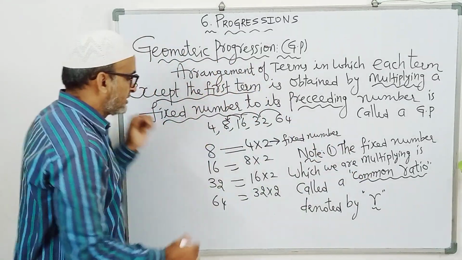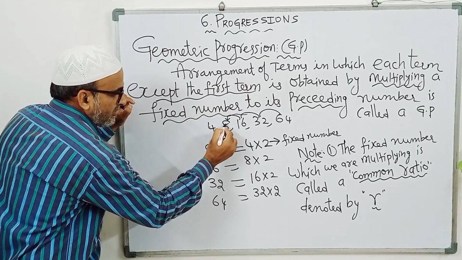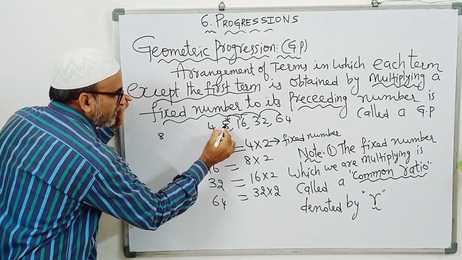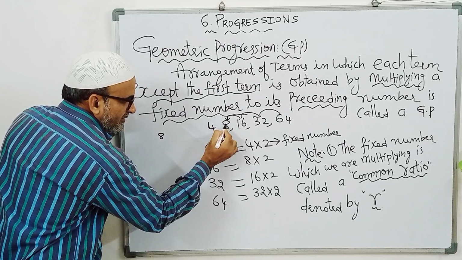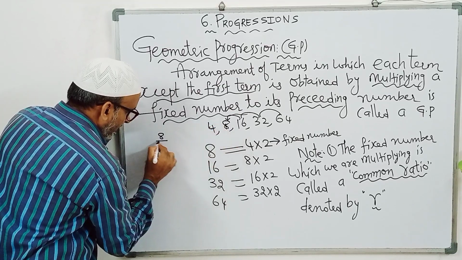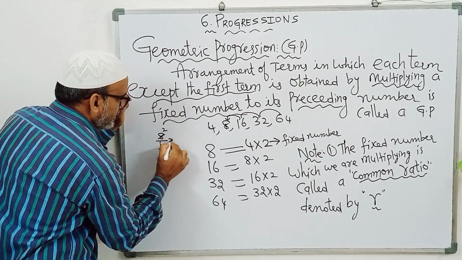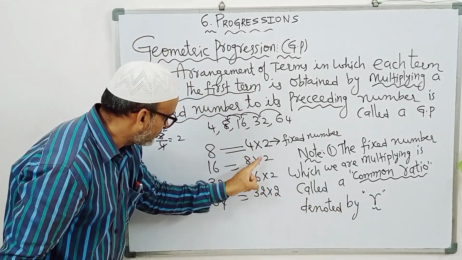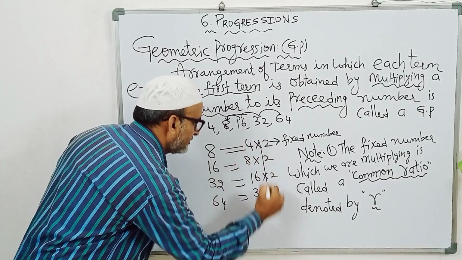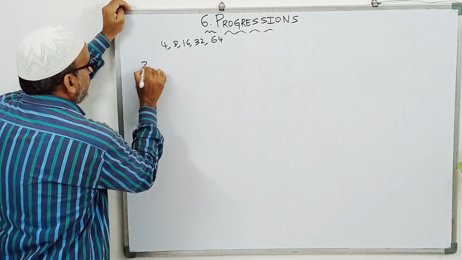Common ratio means here you see 8 by 4. 8, how you got means its previous number, 8 by 4. 4 2s are 8. R value. R, you see here.